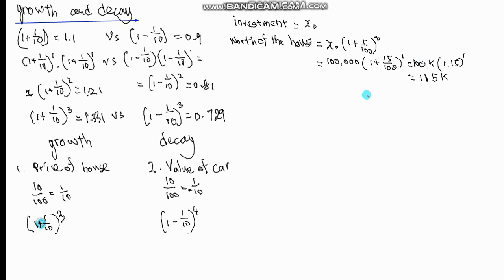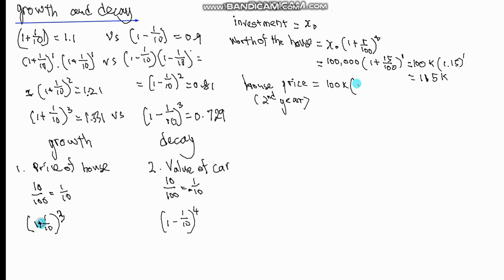What about the value of the house at the end of the second year? Same thing. Let's say that's the end of the second year, not the beginning of the second year, at the end of the second year. Okay, now, so how would this formula be used? The investment X0 is still the same, 100K.